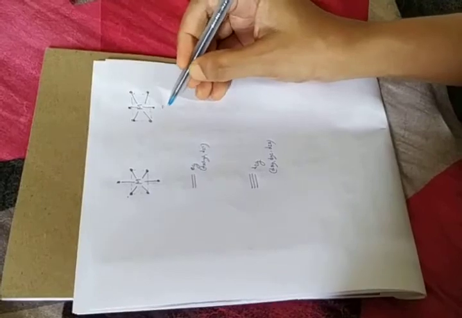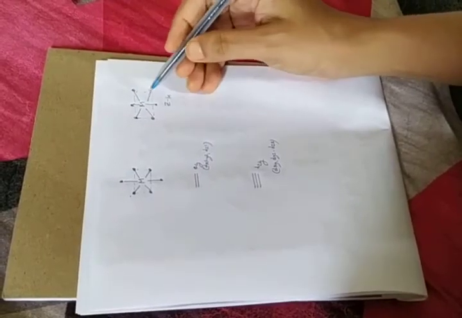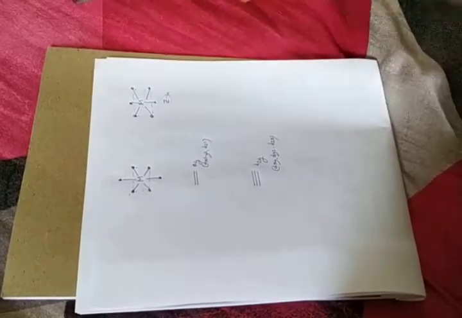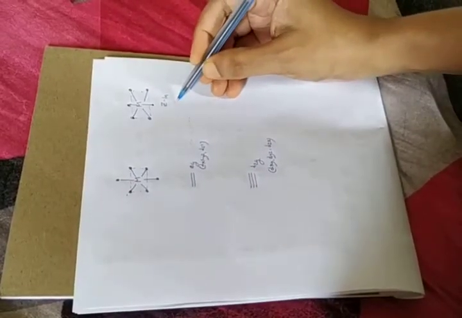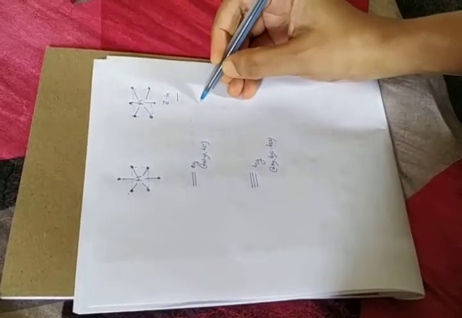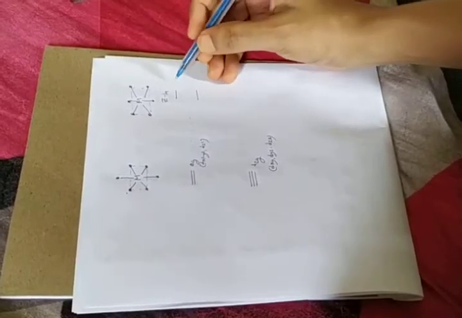This is known as z-in Jahn-Teller distortion. In this situation, the energy level diagram will be like this.